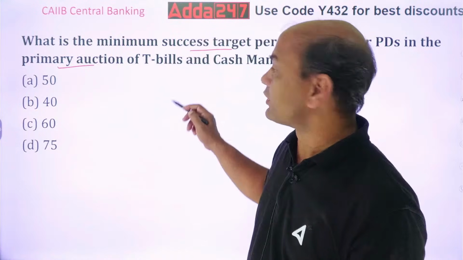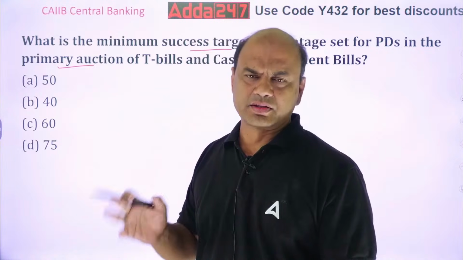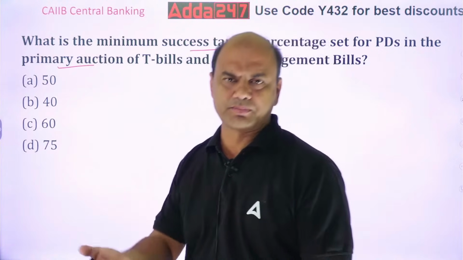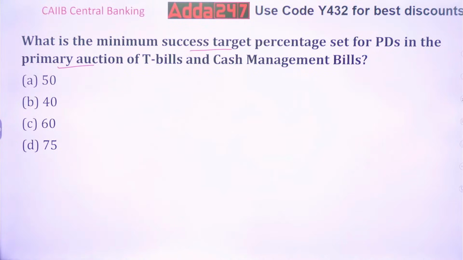So now let's focus on this question. Success target means what? Suppose I, as the government, do the auction. Then what should be your role as a primary dealer? Primary dealers are financial intermediaries mandated to take part in all-round development of the primary and secondary government securities market, underwrite the issuance of government dated securities and participate in primary auctions.